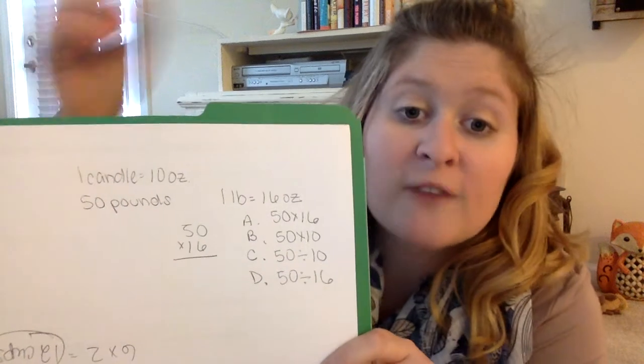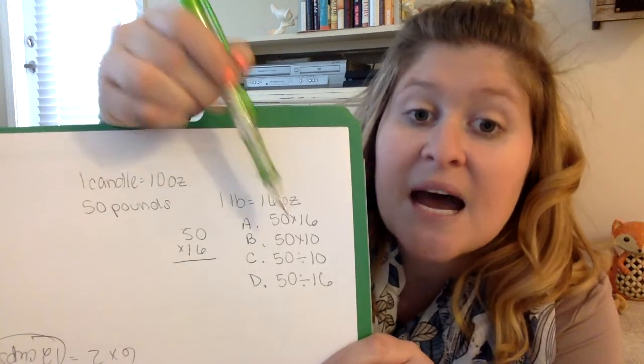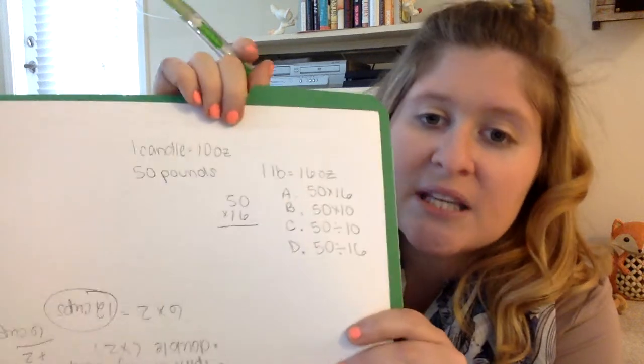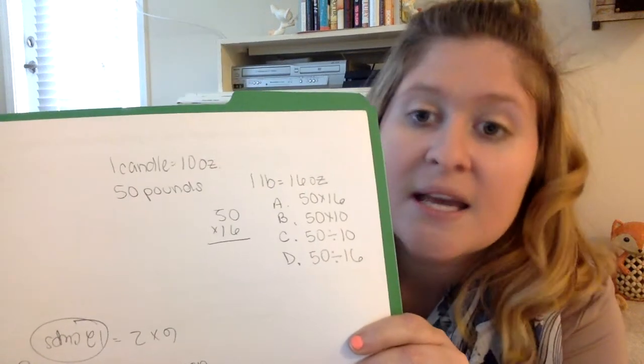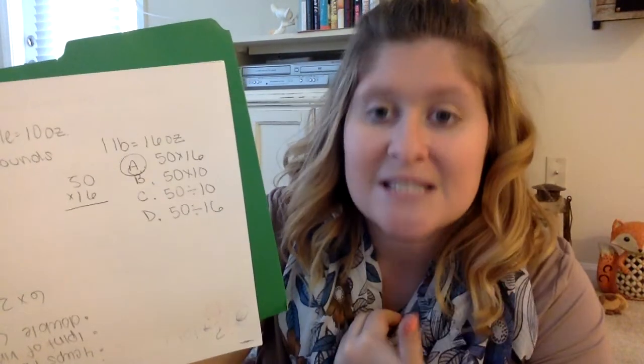D, first step, divide 50 by 16. So here are our answer choices so far. Well, if we know step 1 is to get this into ounces, 50 times 16 is going to do that. So look at these answer choices. Which one is 50 times 16? Yeah, A.